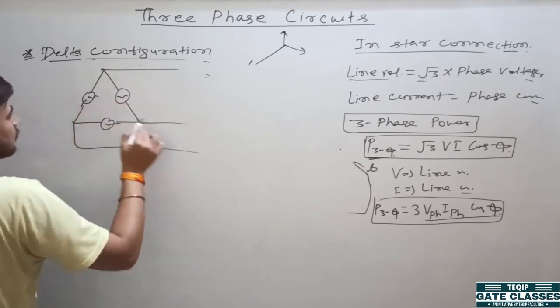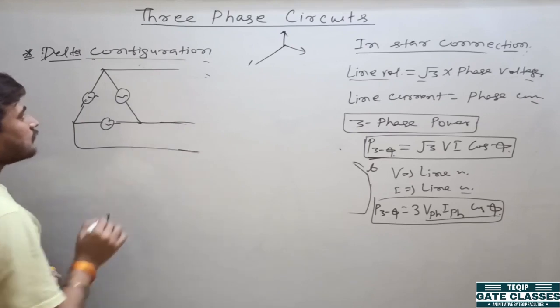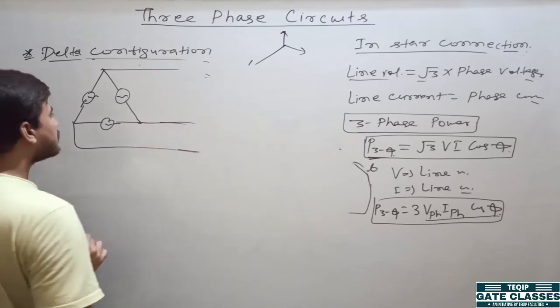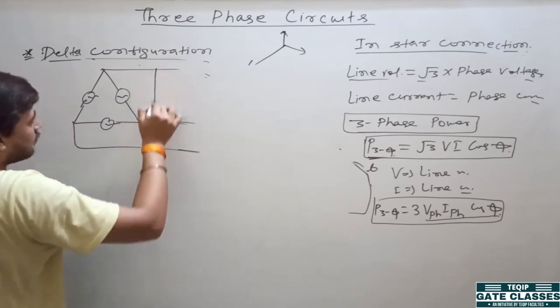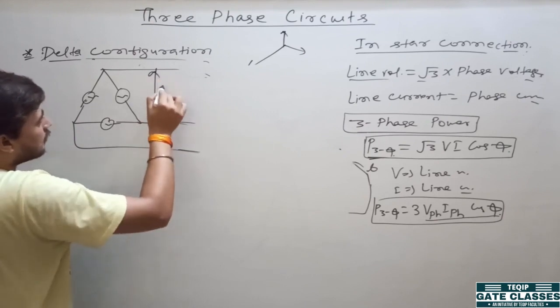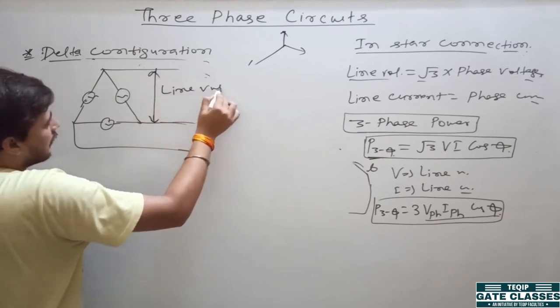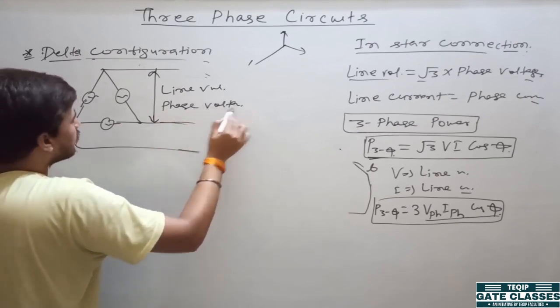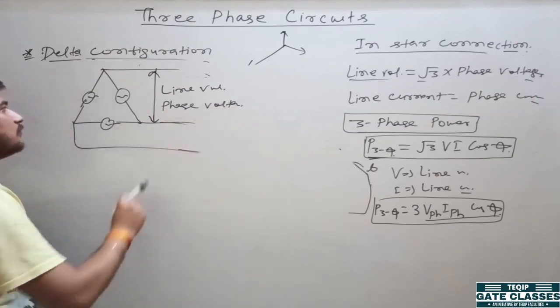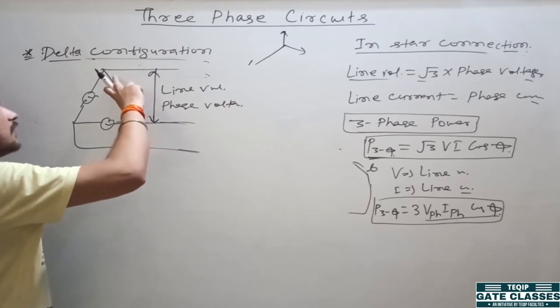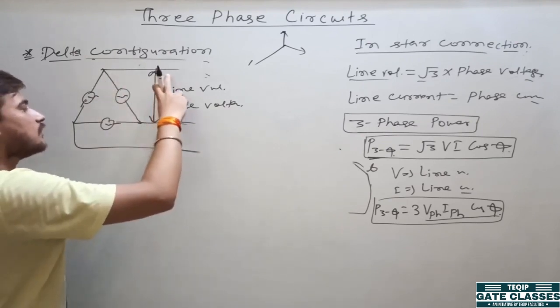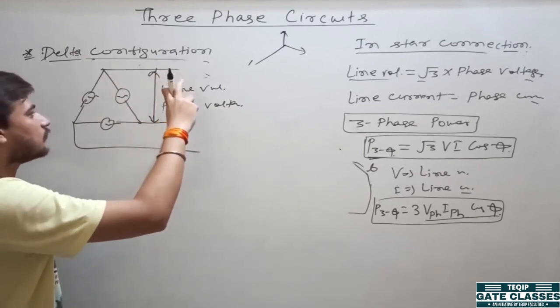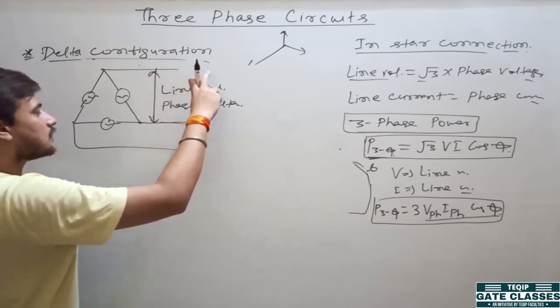Now what happens? Only 3 wires are there. So this voltage will be called line voltage as well as phase voltage. Line voltage and phase voltage will be same because the voltage of one winding will be called phase voltage and voltage between line to line is called line voltage. So line voltage and phase voltage are equal.